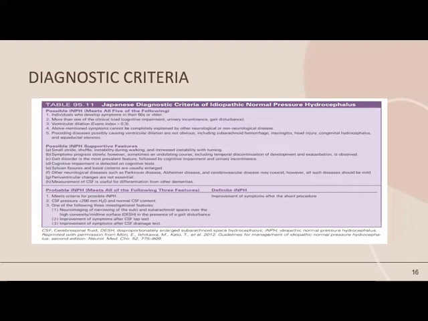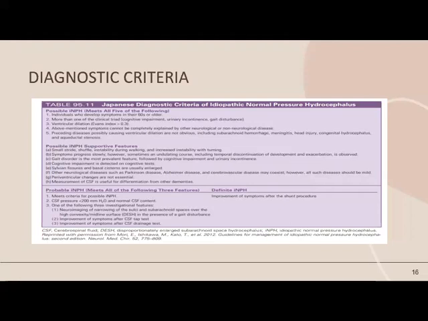Number four, the above mentioned symptoms cannot be explained by any other neurological or non-neurological disease. And number five, preceding diseases possibly causing ventricular dilatation are not obvious, including subarachnoid hemorrhage, meningitis, head injury, congenital hydrocephalus, and aqueductal stenosis.